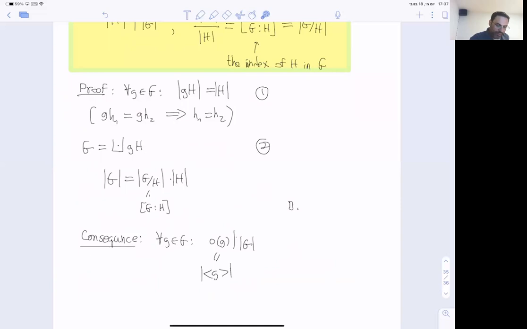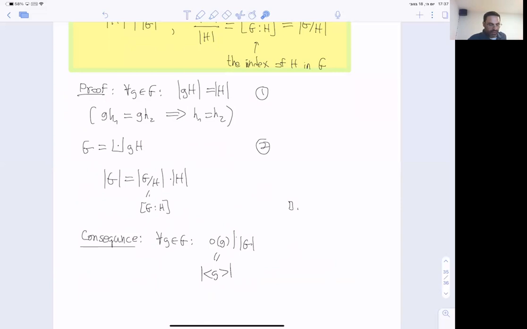So this is a subgroup, and Lagrange tells us that the order of any subgroup divides the order of G. So any element, its order divides the order of the group. It must.